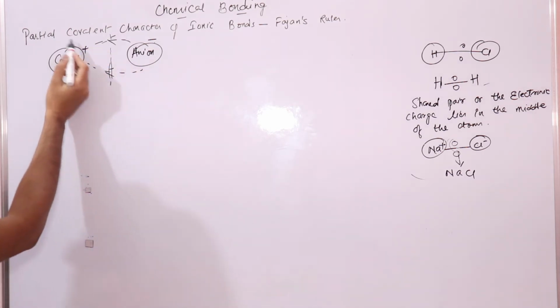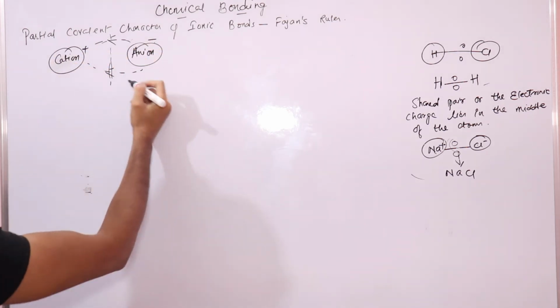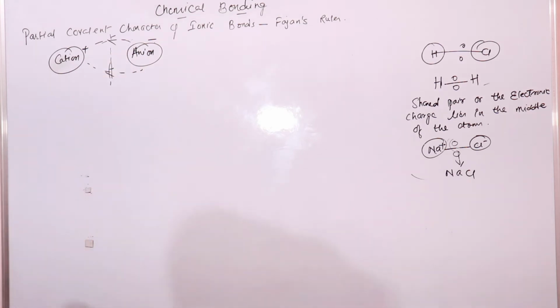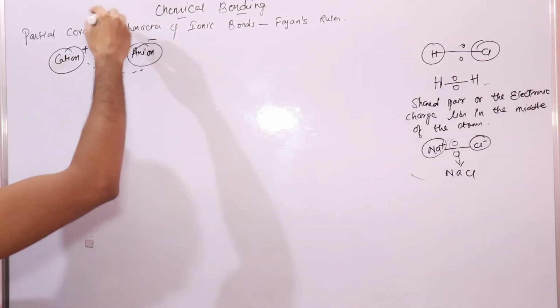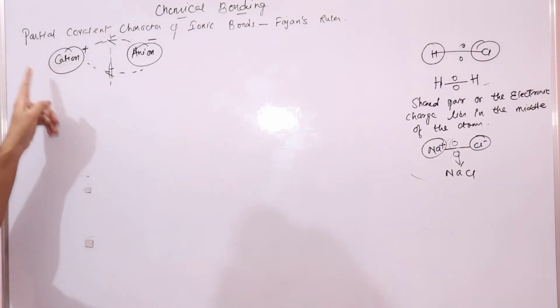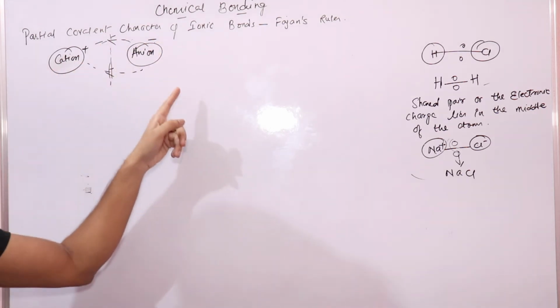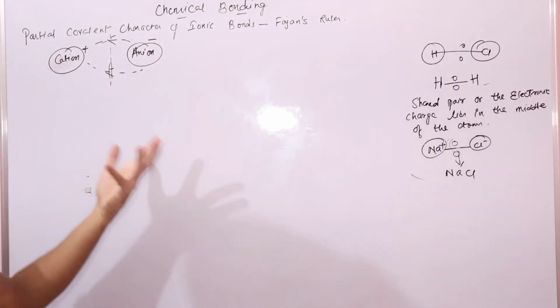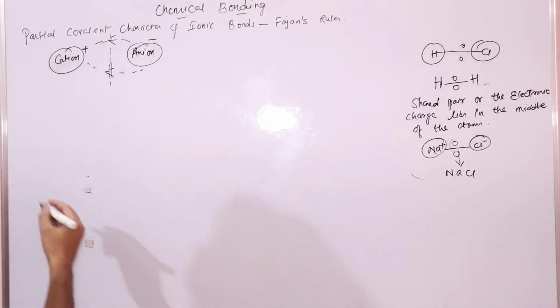What the cation is basically doing is distorting the electron cloud of the anion. The more the ability of the cation to distort or disturb the electron cloud of the anion, the more would be the covalent character.